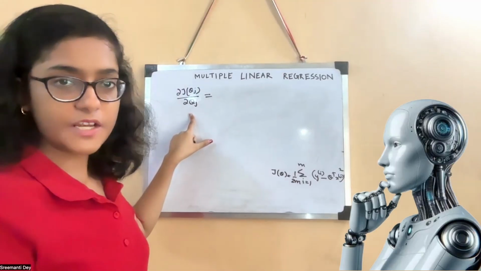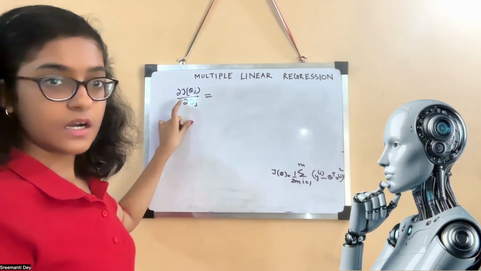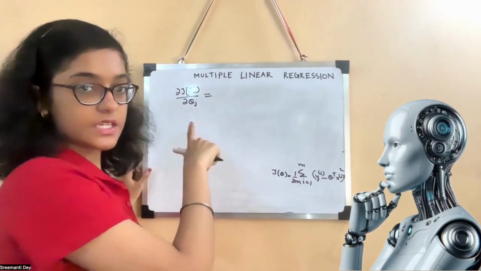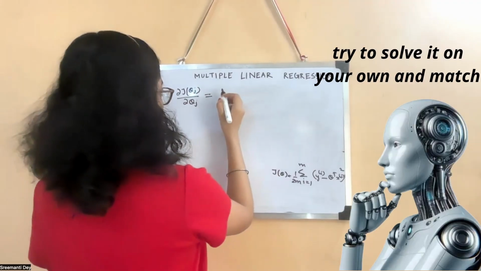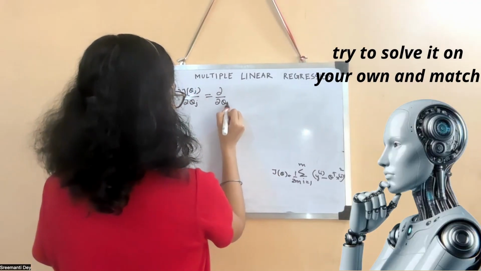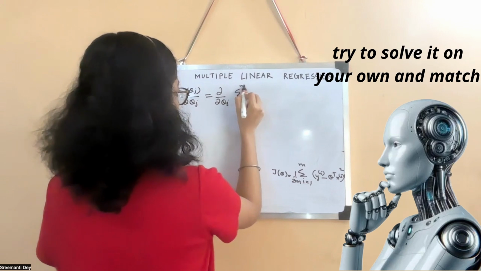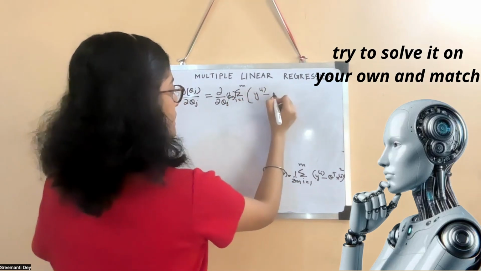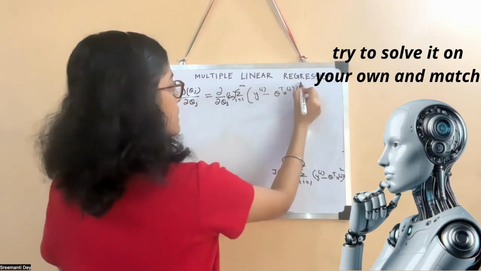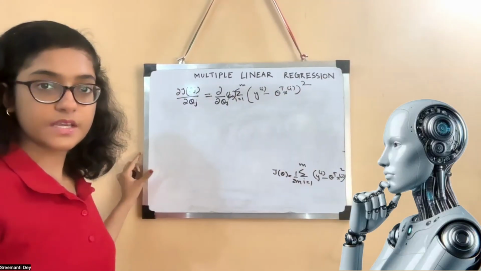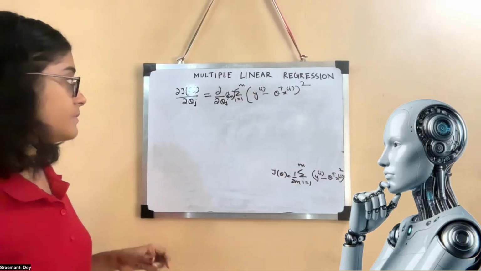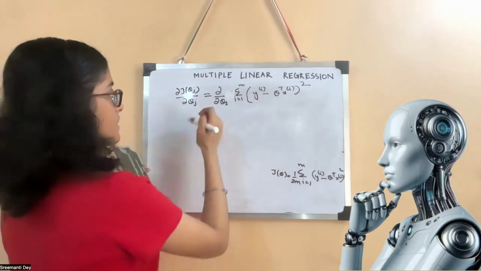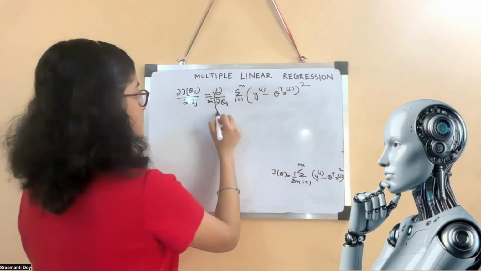So we have d upon d theta j of J(theta). Since 1 upon 2m is just a constant, we can take it out and put it here.